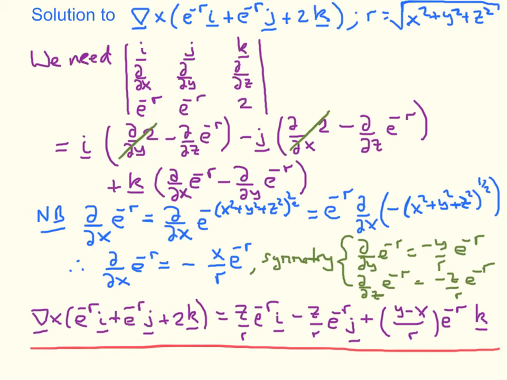Two of the derivatives were 0, and then the other derivatives we needed to calculate this using the chain rule, and then by symmetry, because r is symmetric under exchange of x and y, say, or y and z, we can immediately write out the other derivatives, and as stated, if it's not obvious to you, calculate them and see how it works. And then we just substituted these results back into here, and this gave us our answer. So with that, let's move on to the final answer.